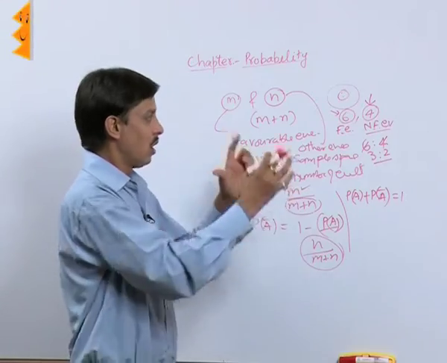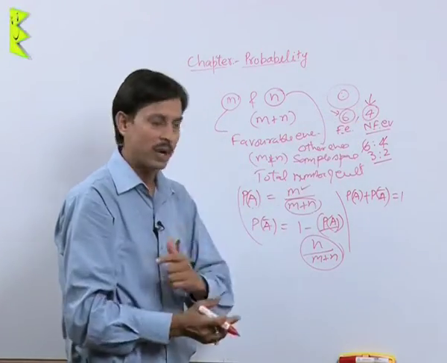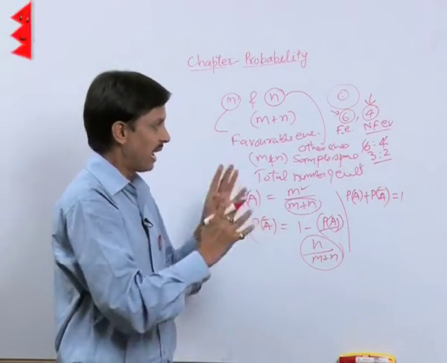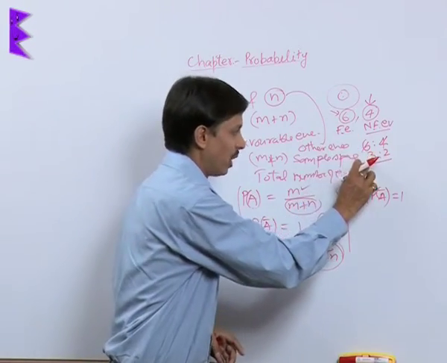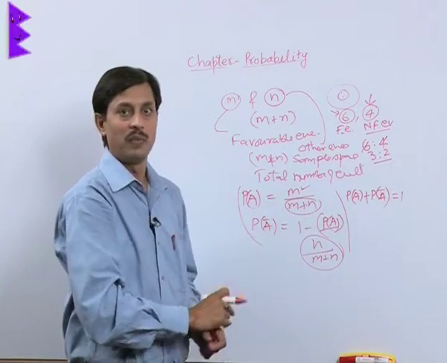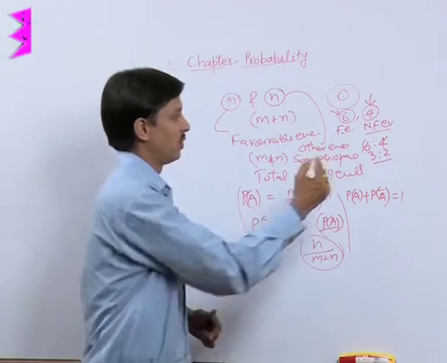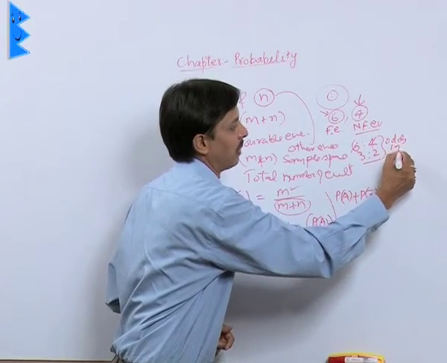So your possible outcomes which favor you are 6, and those which do not favor you are 4. So as and when odds in favor are required, it is favorable to non-favorable. This is known as odds in favor.